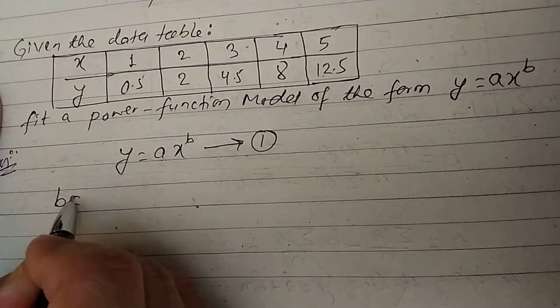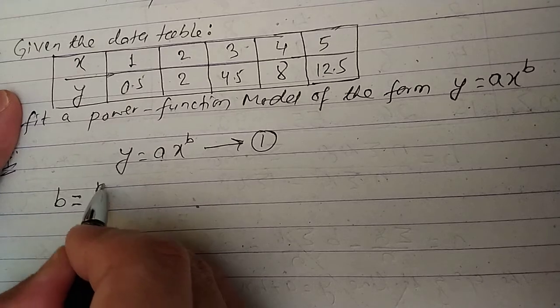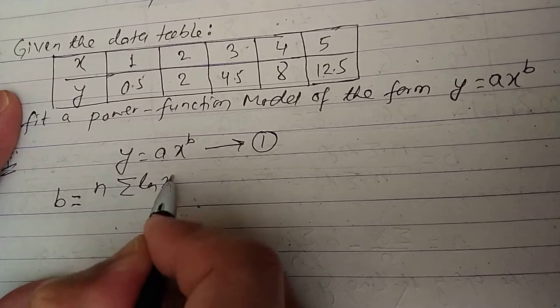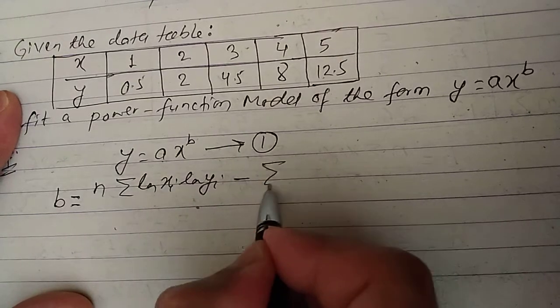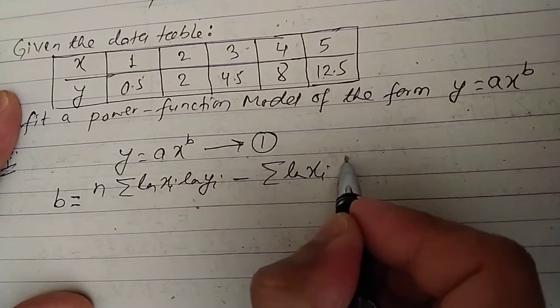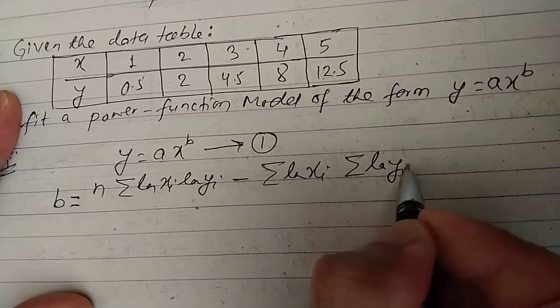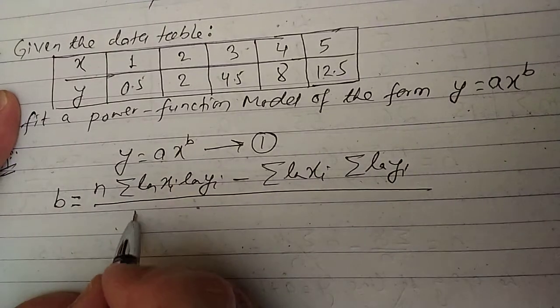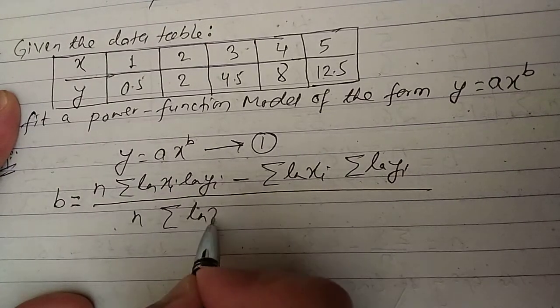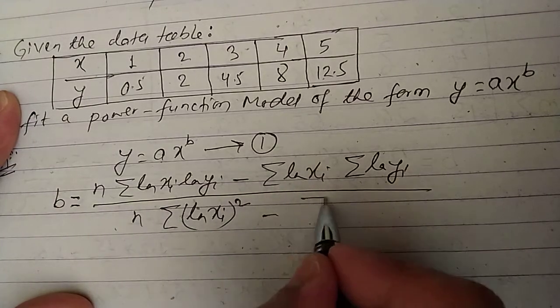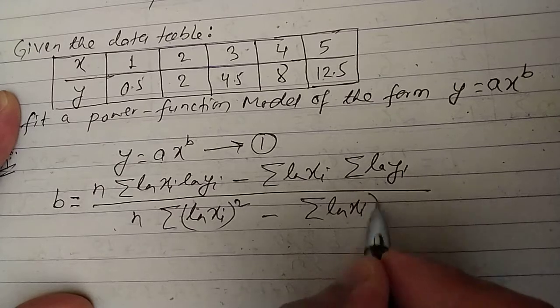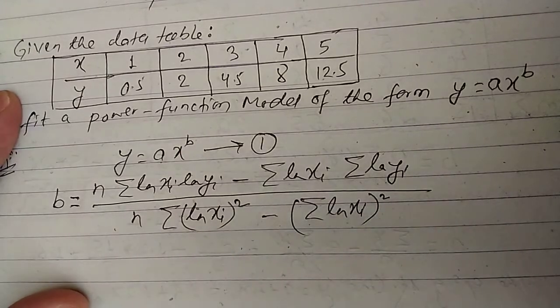Let's read out the formula once again. So n into summation ln xi ln yi minus summation ln xi into summation ln yi divided by n into summation ln xi square, all right, minus summation ln xi whole square.